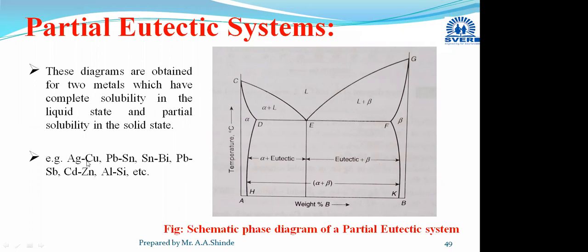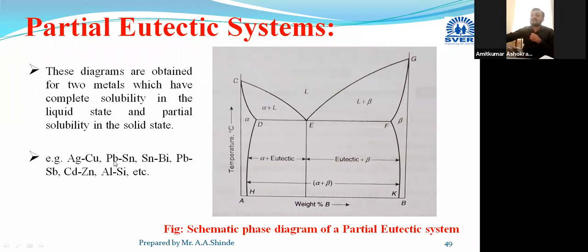For example, silver and copper, then lead and tin (PbSn), then tin and bismuth (SnBi), then lead and antimony (PbSb), then cadmium and zinc (CdZn), aluminium and silicon (AlSi). These are examples of partial eutectic system.